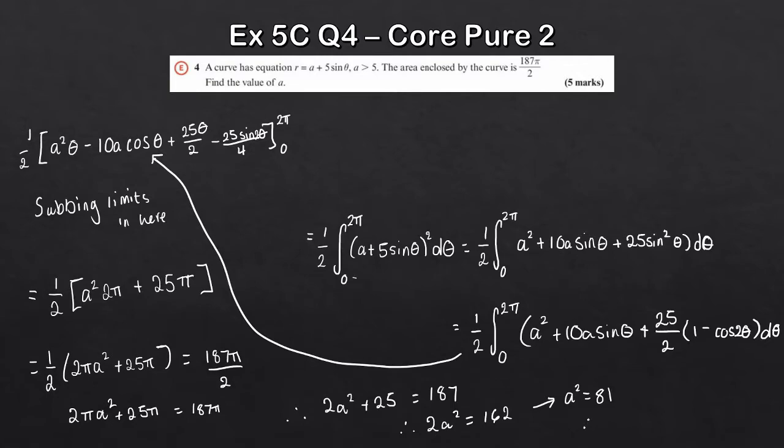And therefore a must be the square root of 81. Normally we'd have plus 9 and minus 9, but like we mentioned at the start, a is greater than 5. So a must just be the positive solution, giving us a equals 9 as a is greater than 5. So there we have it, that's the final value for a.